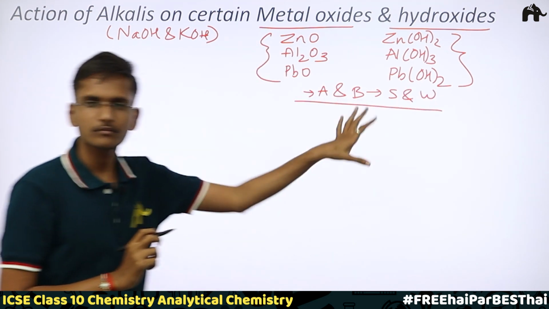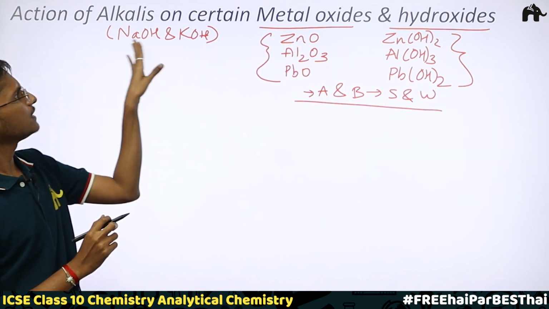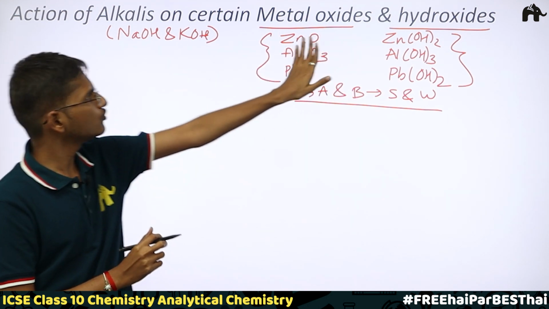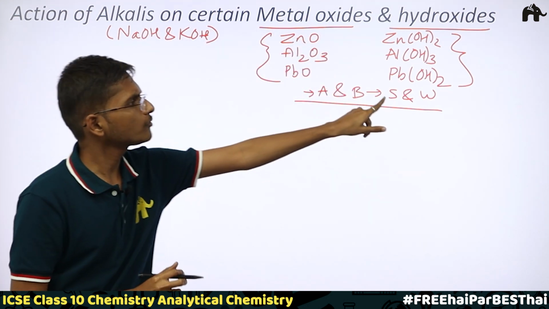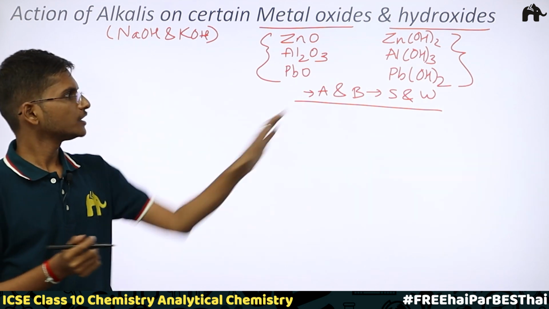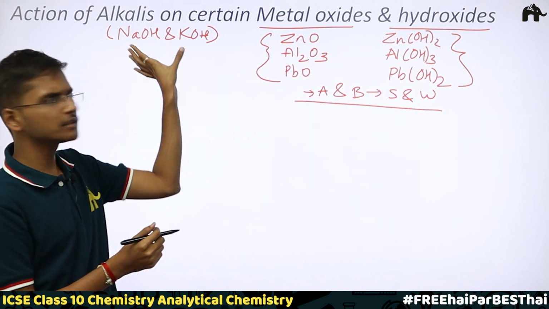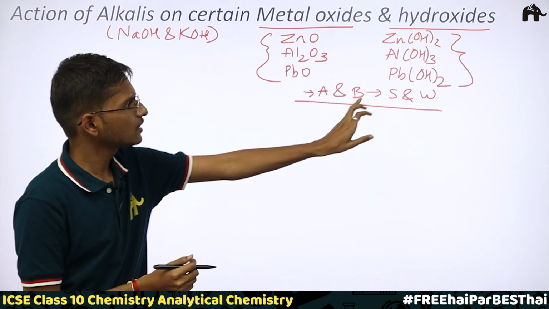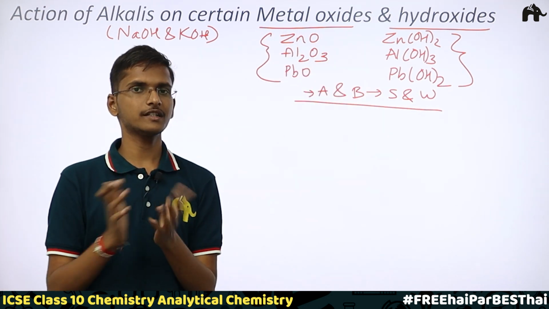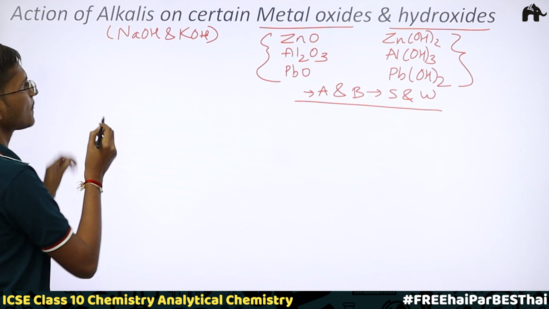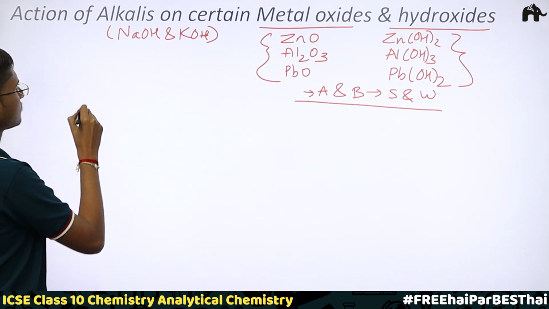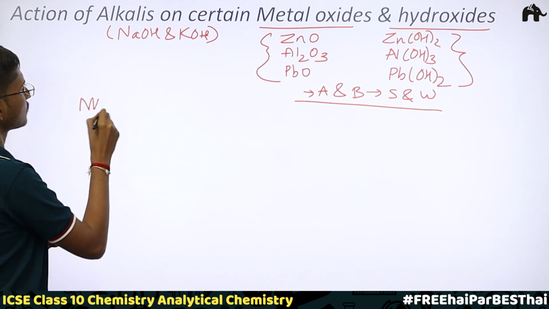Here, these are the bases, so they would react with these bases to form salt and water. They also react with acids to form salt and water, but here there are bases, so we are concerned with the bases. That's it. In the same way, now we are going to see these metal oxides.